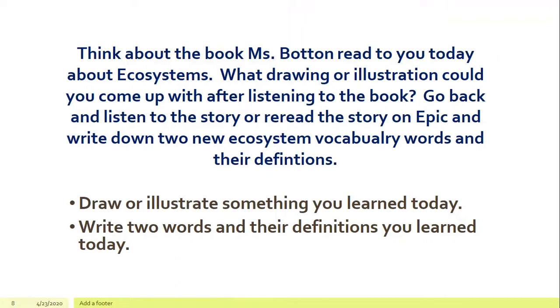Go back and listen to the story or reread the story on Epic and write down 2 new ecosystem vocabulary words and their definitions. Draw or illustrate something you learned today. Write 2 words and their definitions you learned today. So you have 2 writing assignments here.